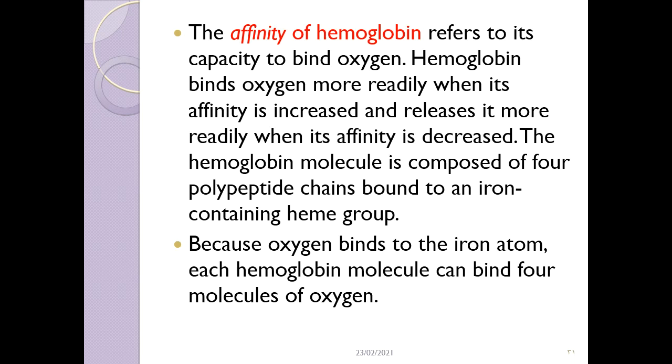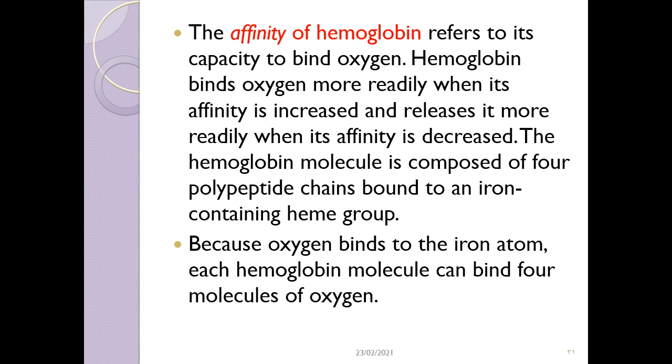The hemoglobin molecule is composed, as you know, of 4 polypeptide chains bound to an iron-containing heme group. Because oxygen binds to the iron atom, each hemoglobin molecule can bind 4 molecules of oxygen.